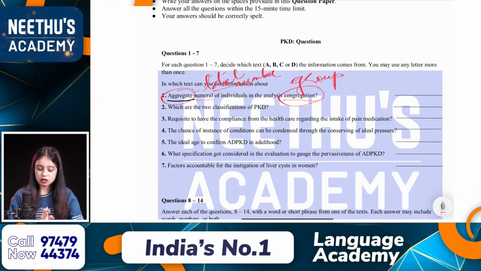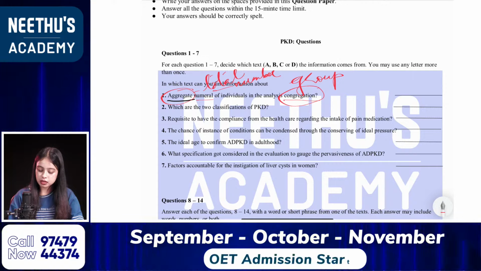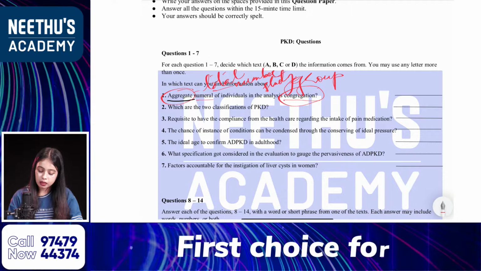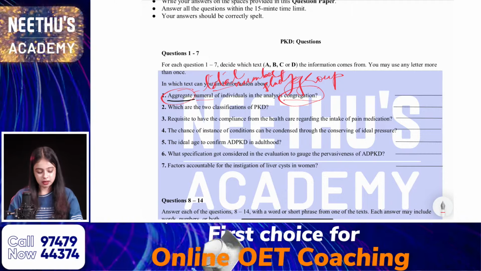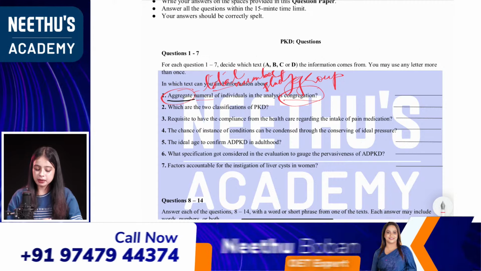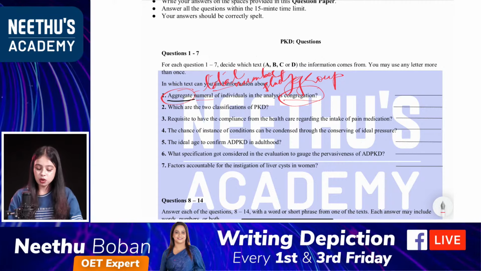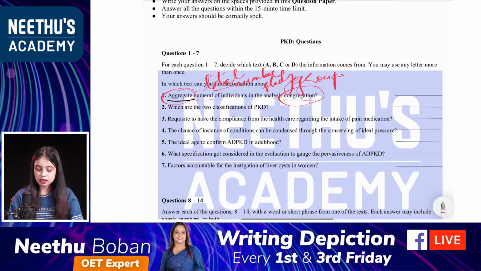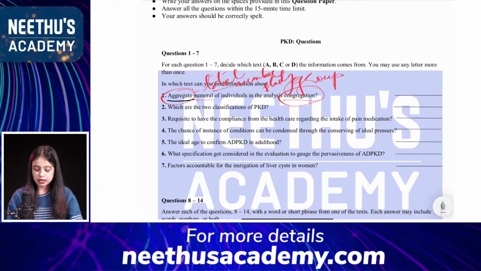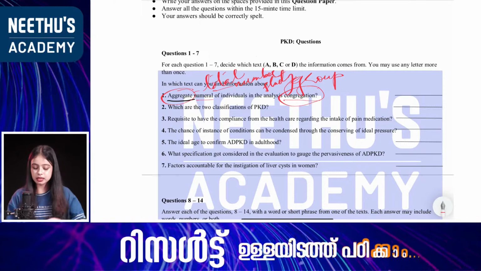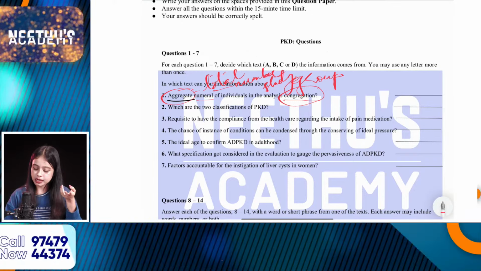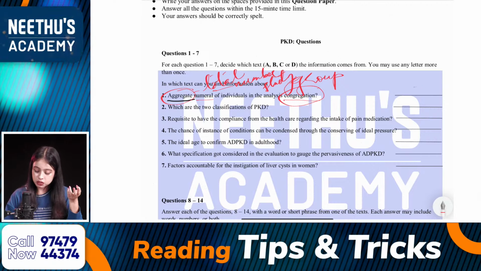So read it: total number of individuals in the study group. Now tell me what is the correct answer. I made it very simple. So total number of individuals in the study group, that is the question: aggregate numeral of individuals in the analysis of congregation. Okay, Jissa, very good dear. Your answer is absolutely correct, which is C.